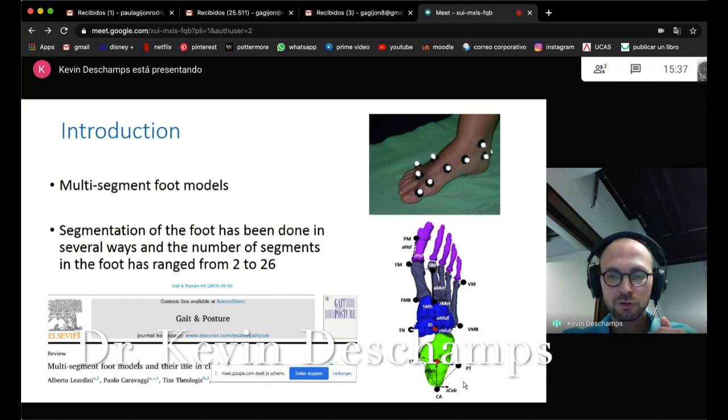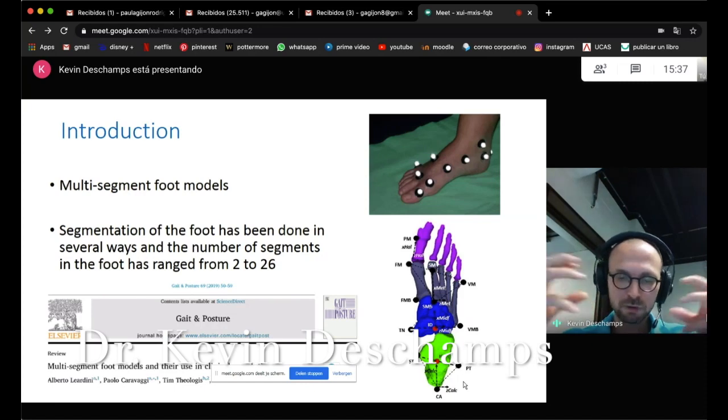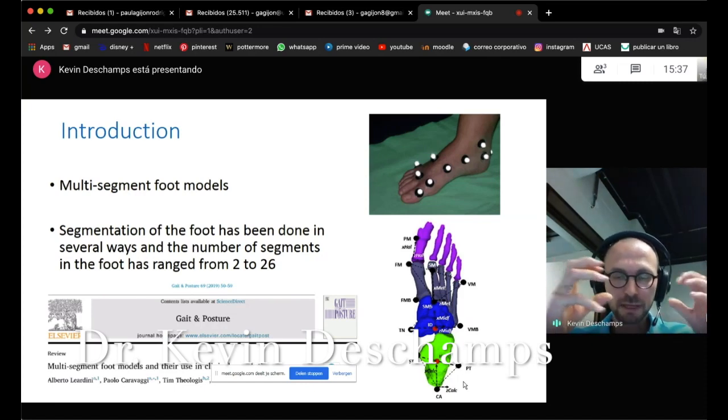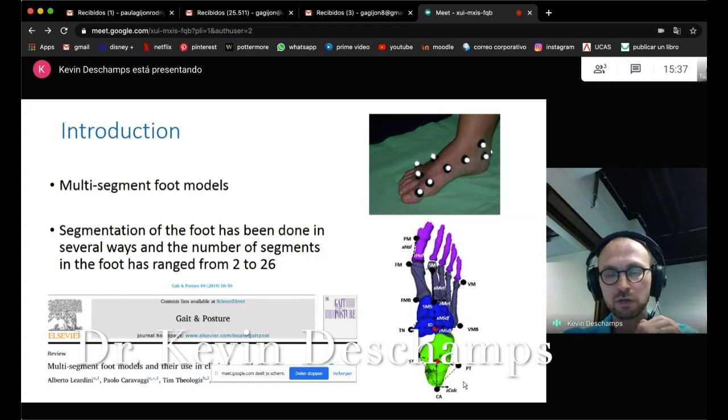These bones are relatively large, so they provide ample space for marker placement. They are superficial with easily palpable landmarks, and they also have relatively simple articulations with their proximal segments. So that's only for 2 segments of the foot, or 2 bones of the foot.